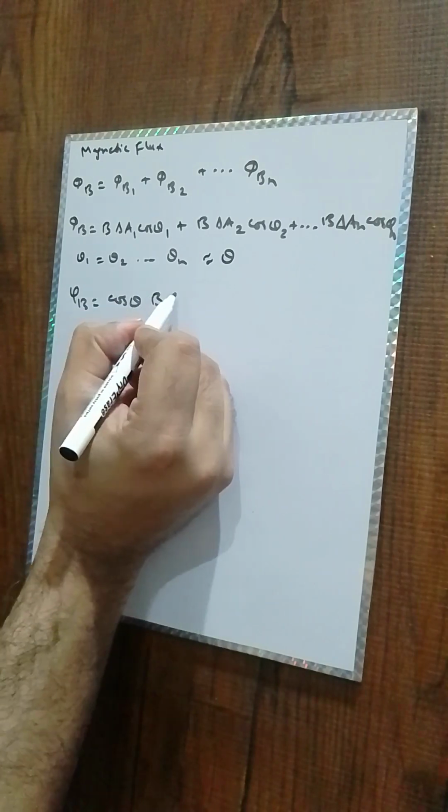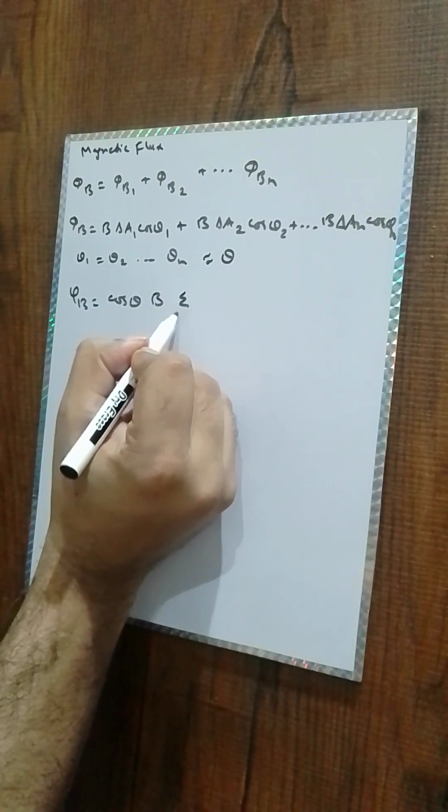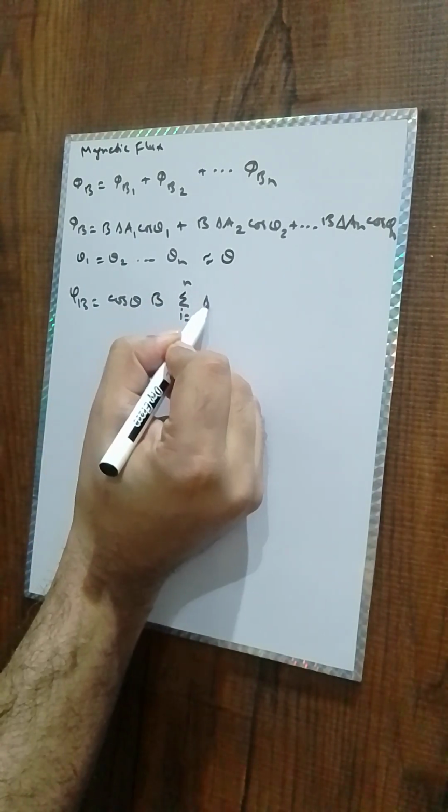So what we are left with inside the summation, i equal to 1 up to n, is delta A i, which means delta A1 plus delta A2 up to delta An. So this is the situation.